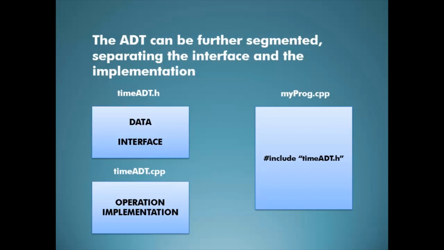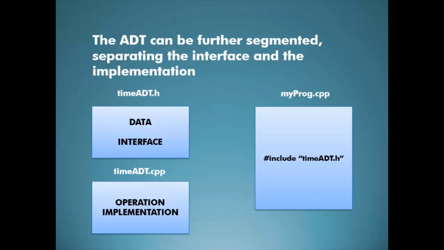We can go one step further. And this is what you will encounter with a lot of libraries, a lot of commercial libraries. You will get the header file. You will get an object code implementation file which contains all of the functions and the definitions for those functions. And the two combined are then brought into your program file via the include facility.